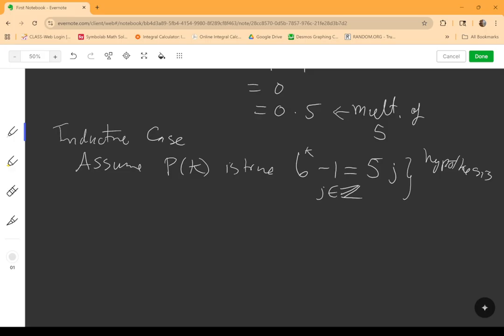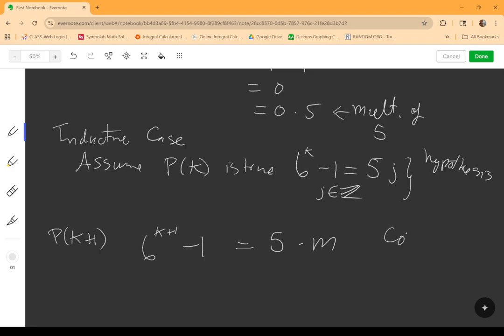Now let's try to prove the k plus 1 case. P sub k plus 1 is going to look like this: 6 to the k plus 1 minus 1, and I need to show that this is equal to 5m.